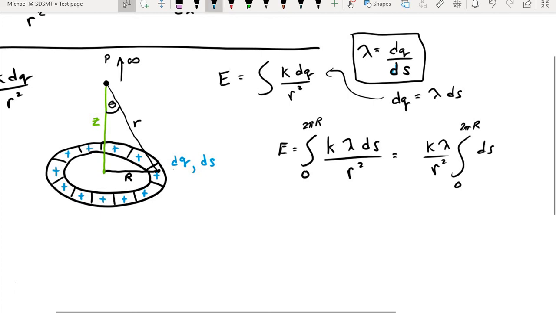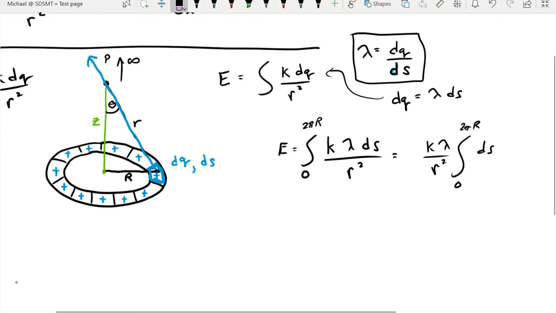You'll remember from the line of charge derivation, whenever we had a charge that was sending its electric field up to point P, so we have this electric field component, which is coming from our little test charge over here on the right.